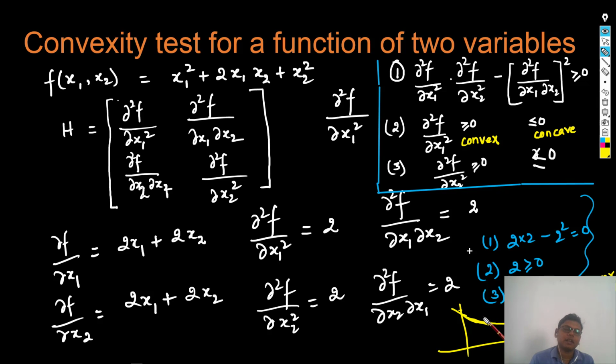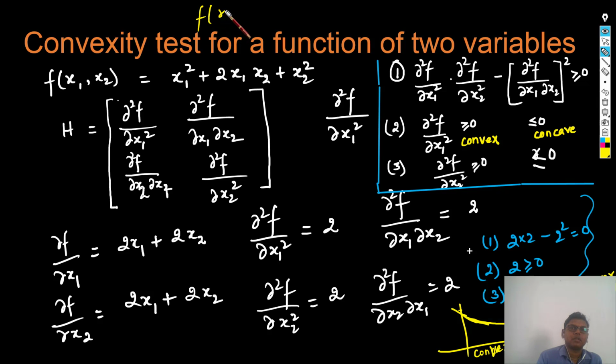Let's take another example, and you try it for yourself to see whether that function is convex or concave. Take the note: this is a convex function, and this one is a concave function. Take one example here.